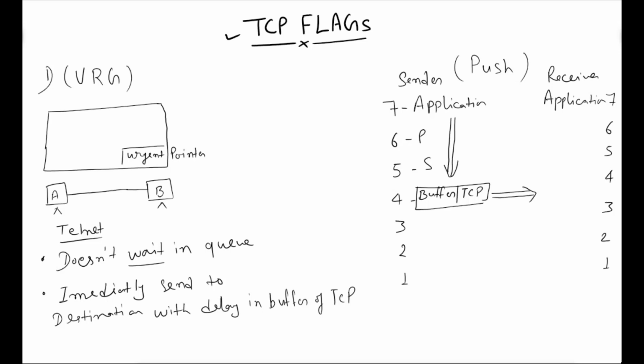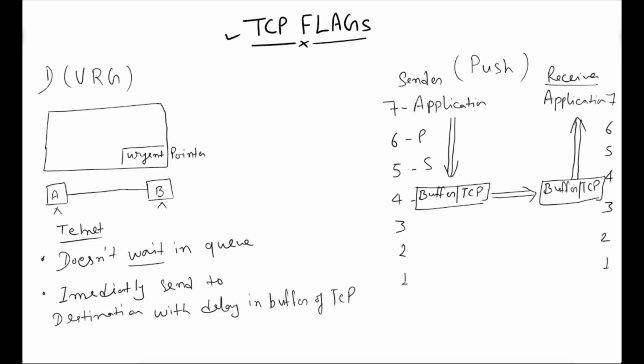Once the sender sends the data from the application layer, the data goes to layer 4, and inside the TCP buffer the data gets buffered and then is transferred to the receiver end. At the receiver end it will again store the data in the TCP buffer. Once the buffer is full, the data is sent to the application layer of the receiver.